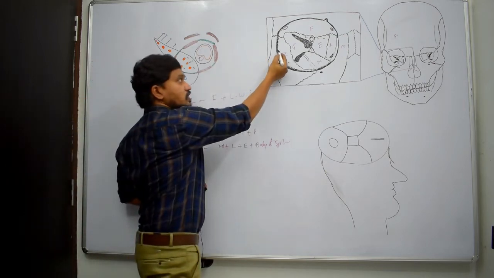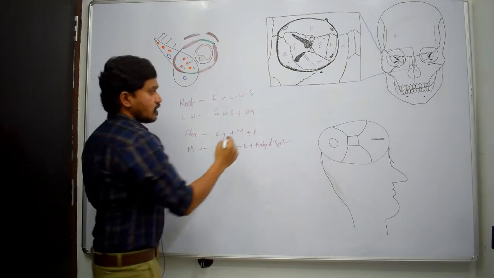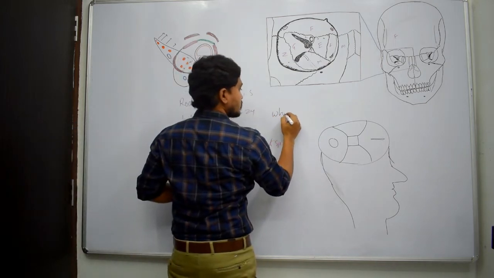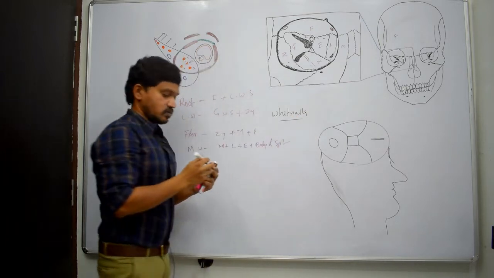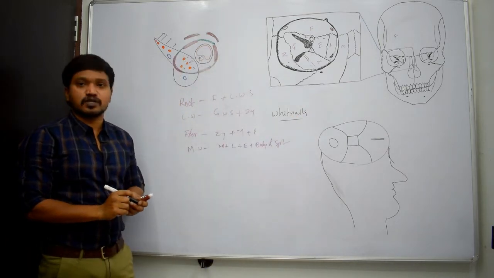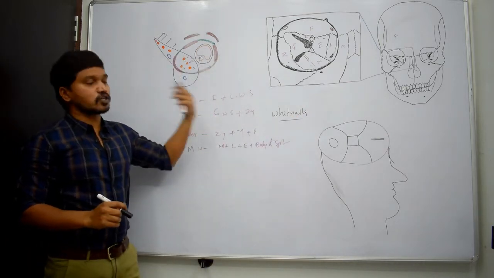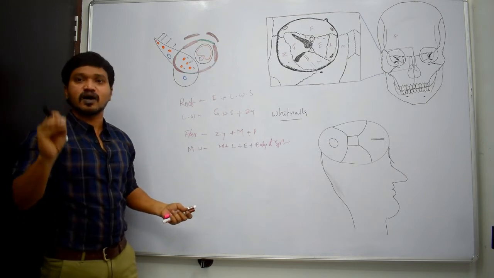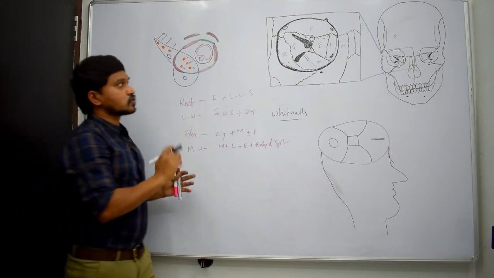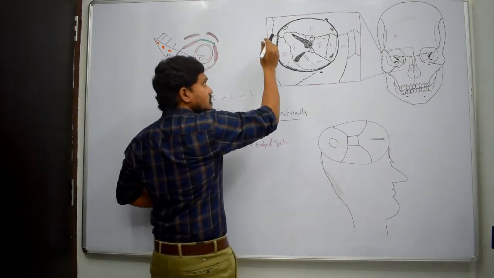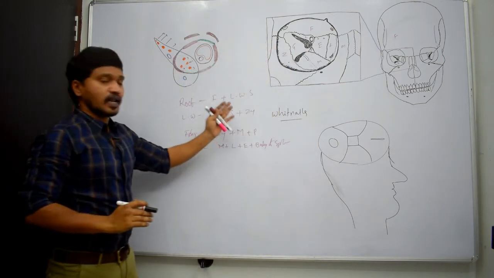That bony tubercle we call Whitnall's tubercle, or zygomatic tubercle. This Whitnall's tubercle gives attachment to the lateral check ligament. That I will tell you, what is the lateral check ligament. So these are the special features in the lateral wall.